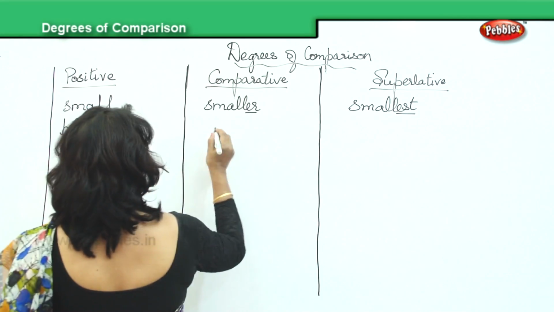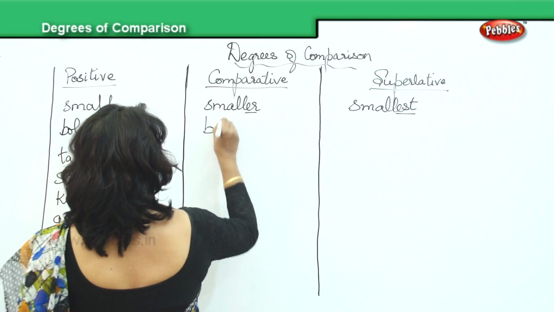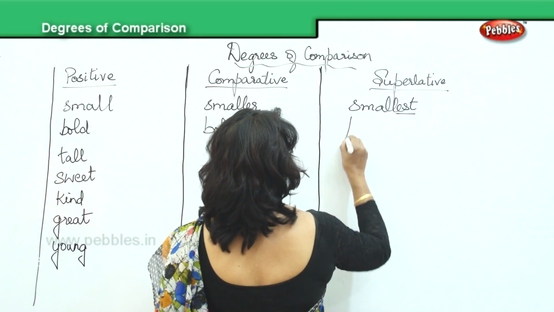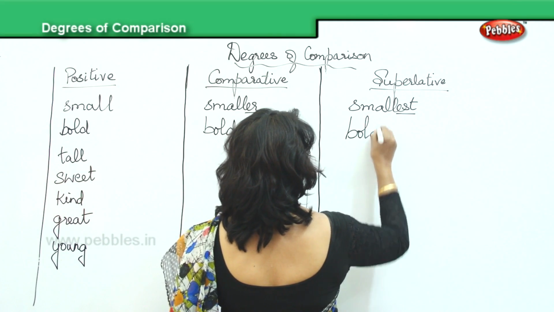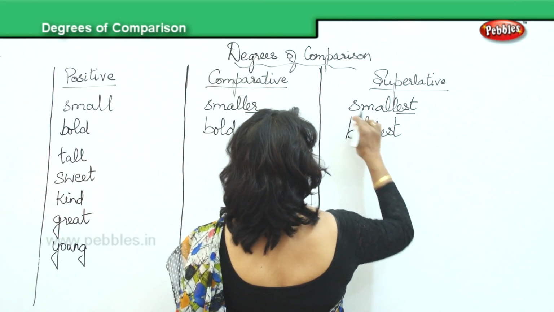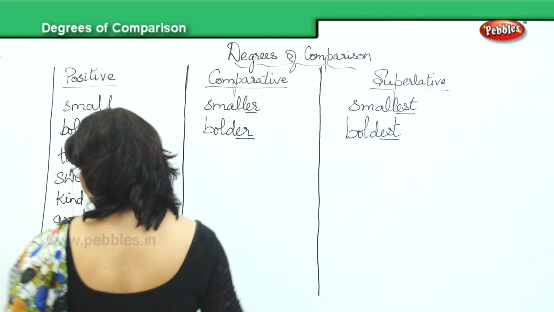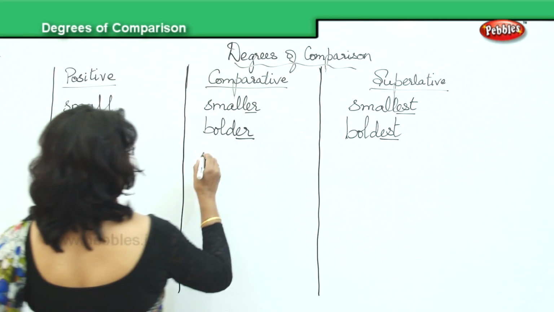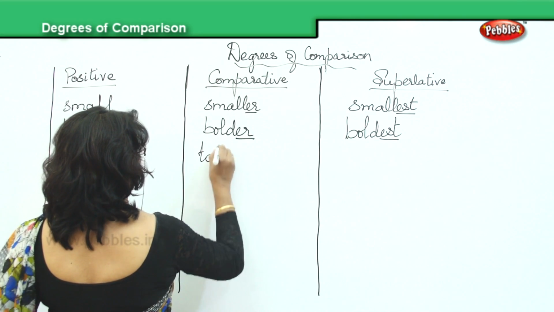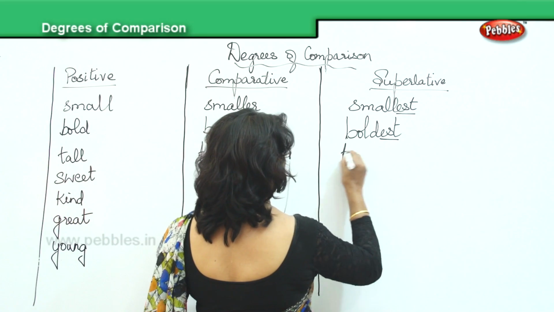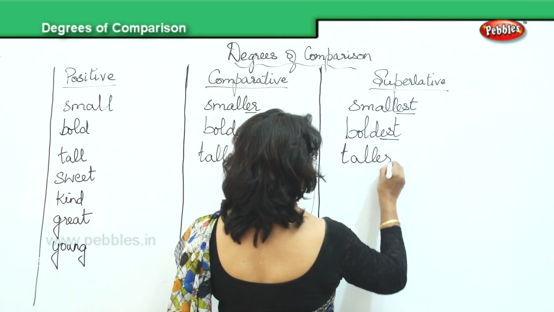Comparative for bold, bolder. You are adding ER, and she is the boldest in the class. Boldest, EST. And next one, tall. Taller. Tallest is T-A-L-L-E-S-T.